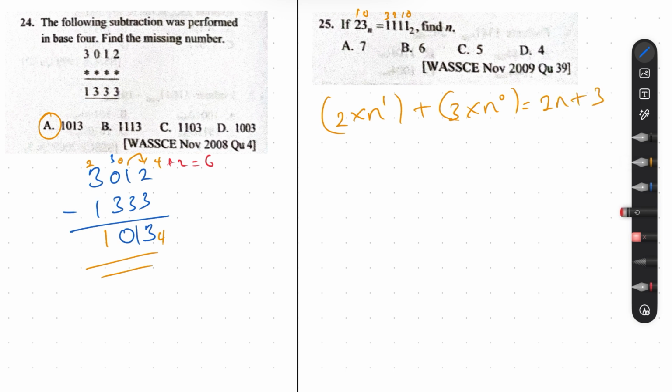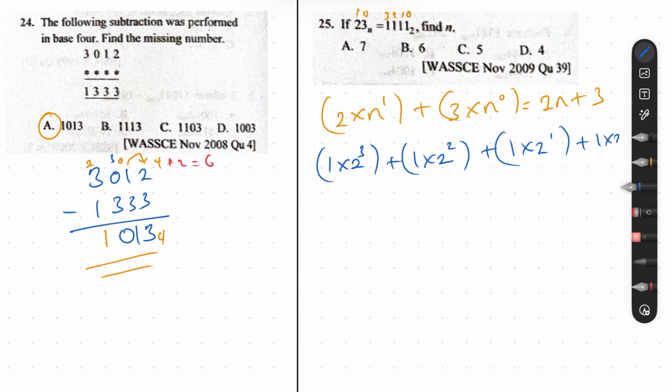Let's do the same thing for the other side. What do you get? We have 1 times 2 power 3 plus 1 times 2 power 2 plus 1 times 2 power 1 plus 1 times 2 power 0. Now this is 8 plus 4 plus 2 plus 1.